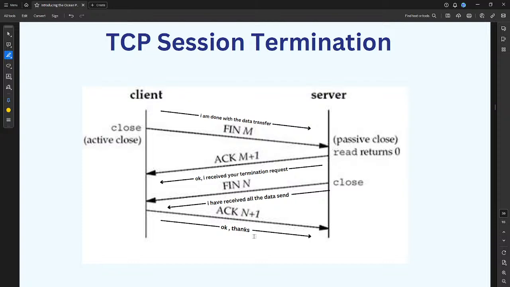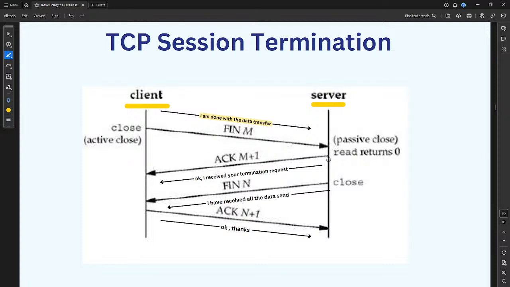You can see the client and the server again right here saying, hey, I'm done with the data transfer. Now can we close? Sending it with a finish flag. Take note of this. Now it's saying, okay, fine, I read this, and I'm acknowledging. Remember when it was about to establish a connection, what it sent was a SYN, because it's establishing, but here it's terminating, so it's sending a finish flag.